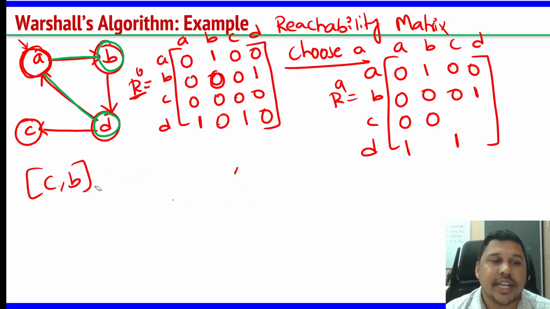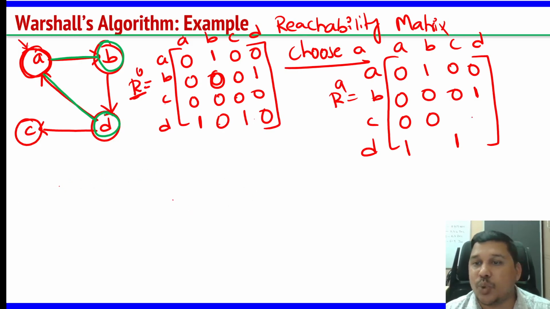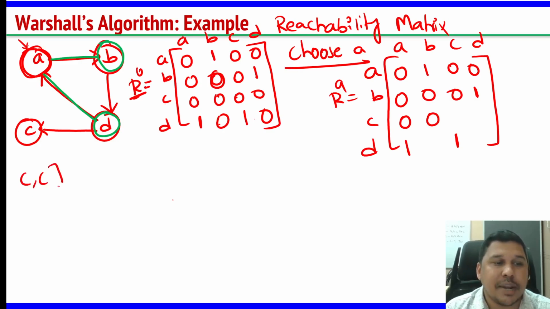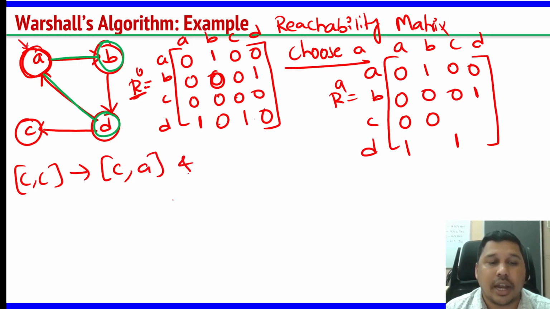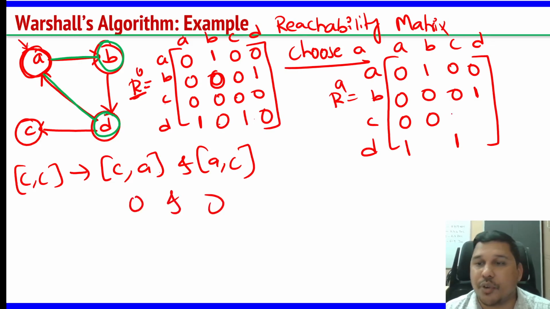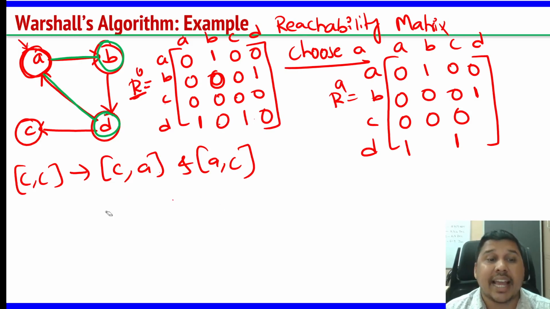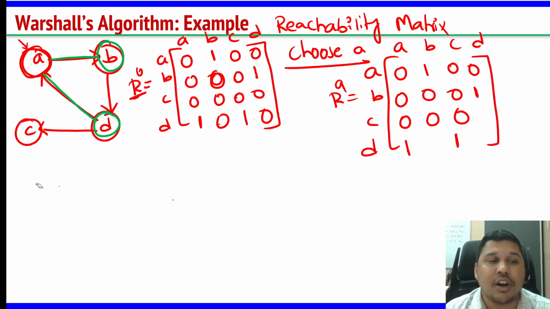The next one will be from C to C. Is there any path from C to C? So C to A and A to C. The C to A value is 0 and the A to C value is also 0. Therefore, I cannot have it. The meaning of this RA matrix is using A as an intermediate node, as a mediator between two different nodes.